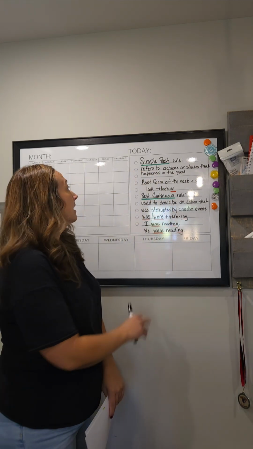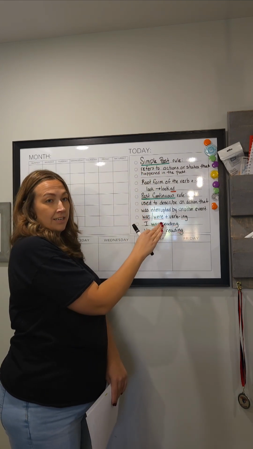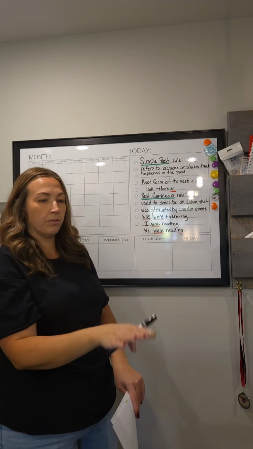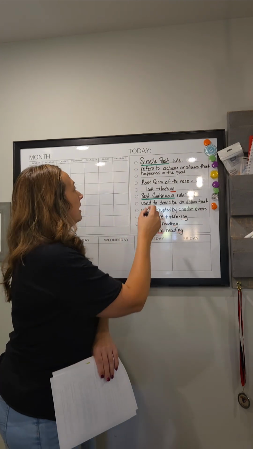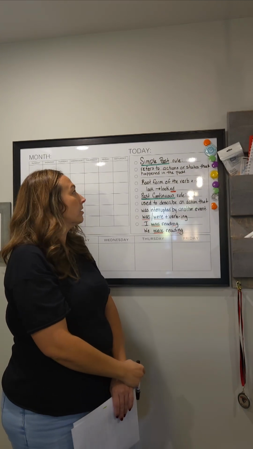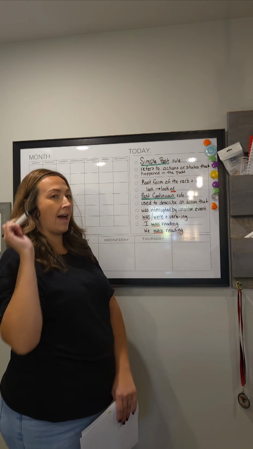We are going to continue our learning about simple past and our past continuous. Now let's do a quick review before we jump into the lesson here. So we're going to do our simple past rule. Remember, it refers to actions or states that happened in the past.